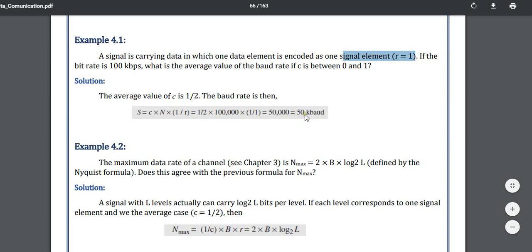So by this calculation we have 50,000. Here we can say that we have 50 kilobaud.